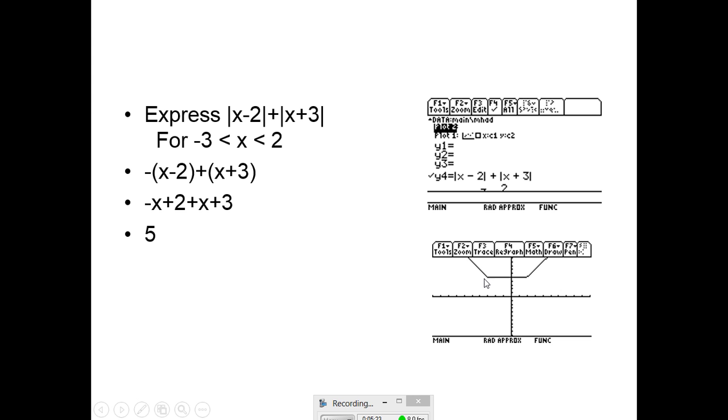And here is the graph of that, which is interesting, because what does it show you? It shows you exactly what this is saying. For values between negative 3 and 2, this is a flat line at the value of 5. So we've typed in this expression, but between the values of negative 3 and 2, as you can see, we report back to you only 5.